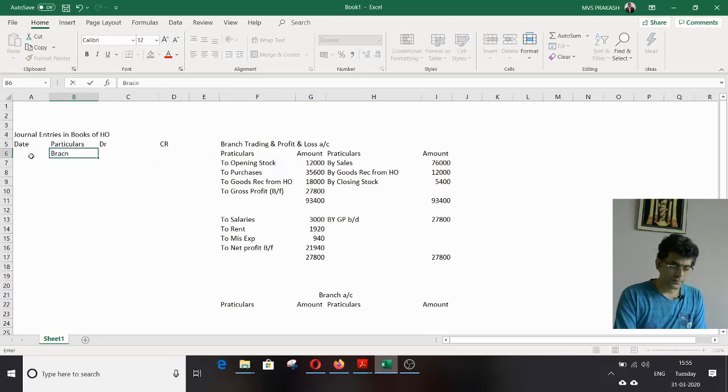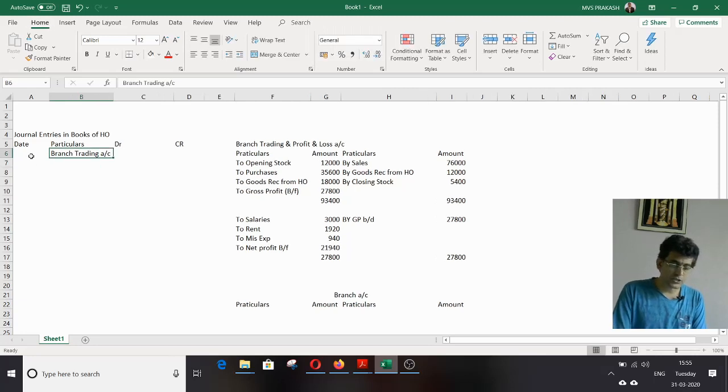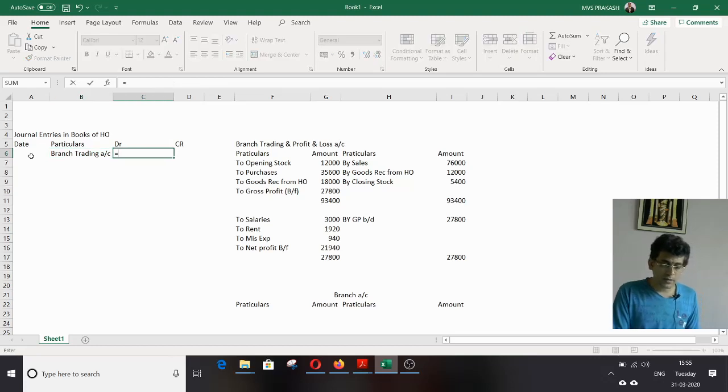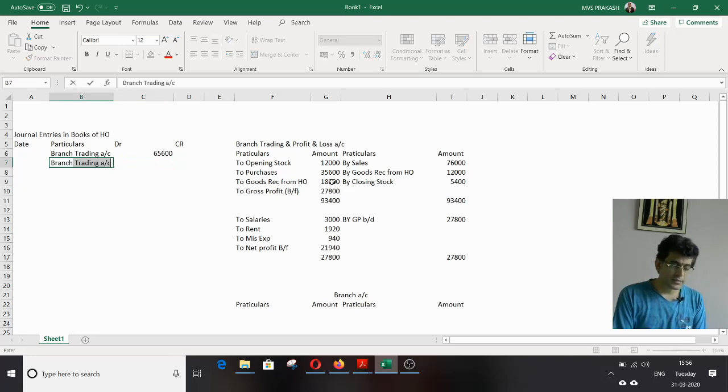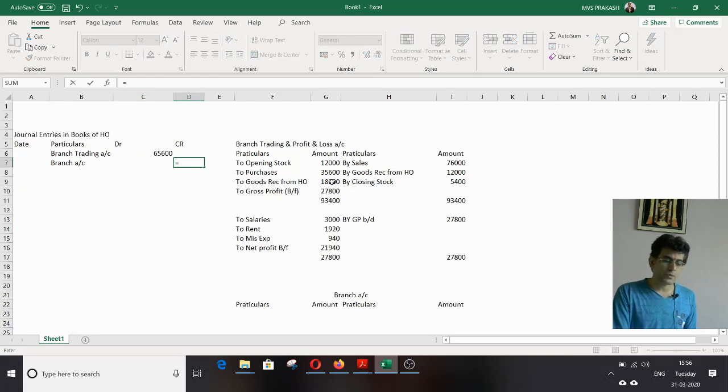Branch trading account should be debited. Branch trading account with what? Whatever expenses you have: opening stock plus purchases plus goods received from head office. What I have to credit? Credit your branch account. So what are we crediting here? Branch account is being credited.